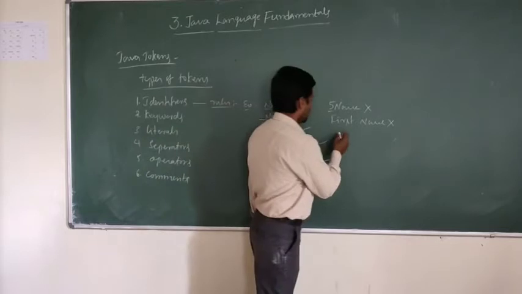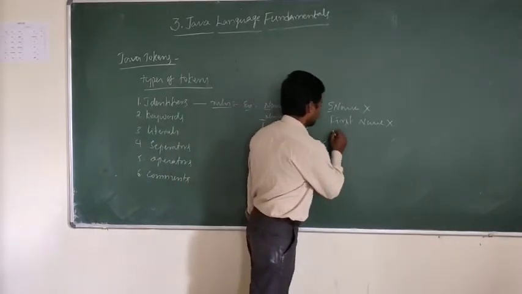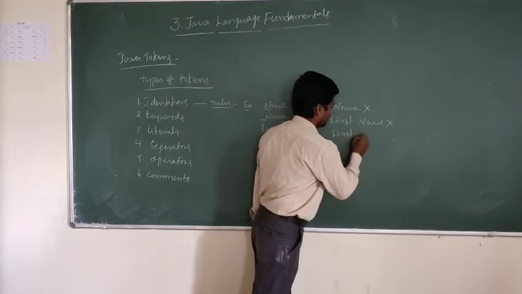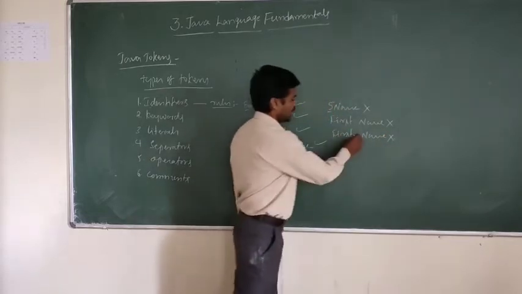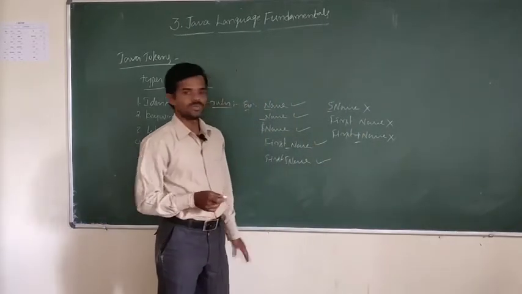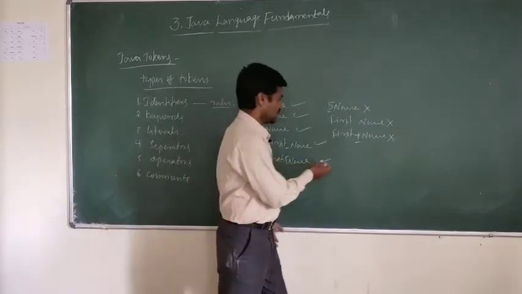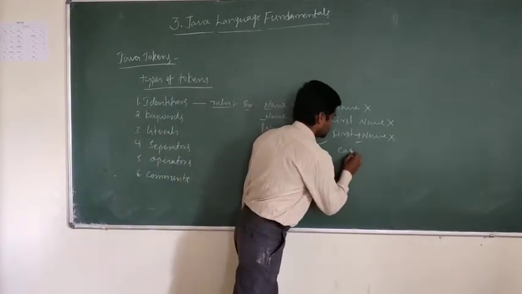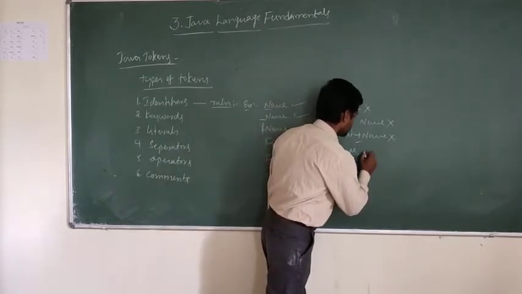Then identifiers cannot use any special symbols. For example, first plus name. Here we are using a special character like plus, so that cannot be used. Then identifiers cannot be used as keywords. For example, case, or you cannot use super.